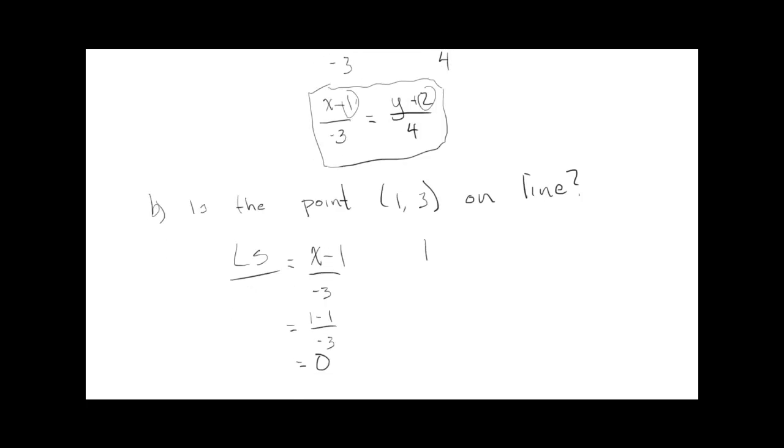And then my right side would be (y plus 2) over 4, and if I sub in 3, I get (3 plus 2) over 4. So therefore, left side does not equal right side, therefore the point is not on the line.